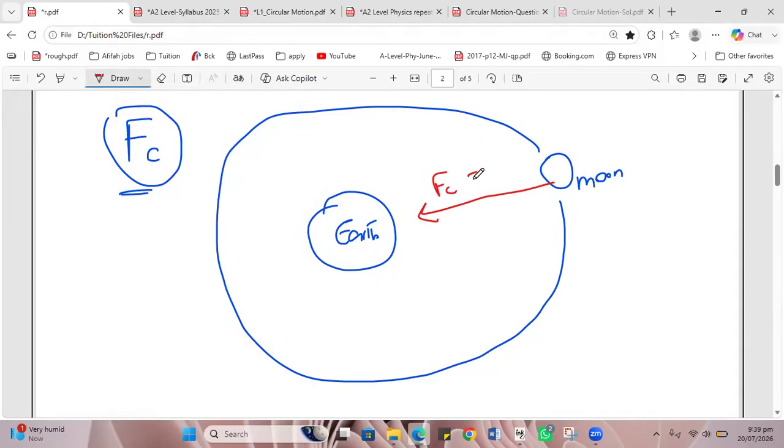But where is this centripetal force coming from? What is providing the centripetal force? Gravity. After circular motion, we have an in-depth topic on gravitation. So gravity is also a force, gravitational force. So I can say that in this case, centripetal force is equal to gravitational force. Let me call it Fg.